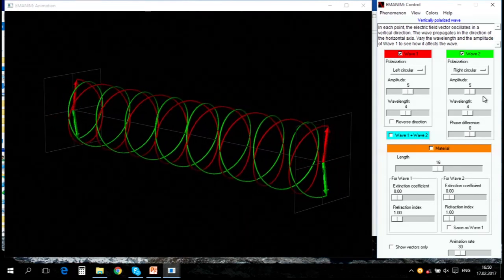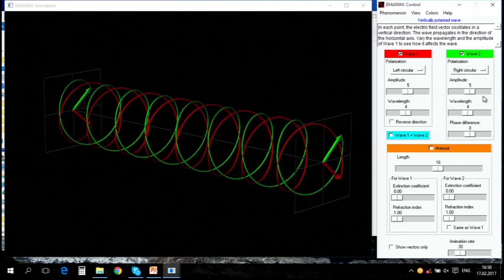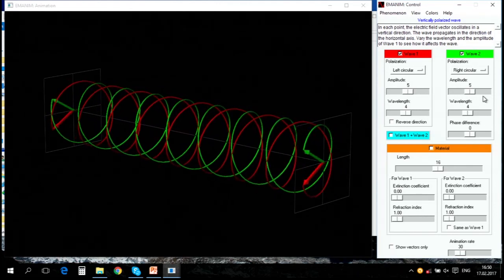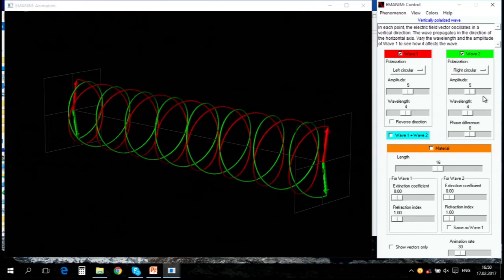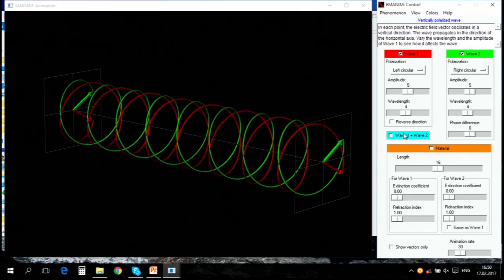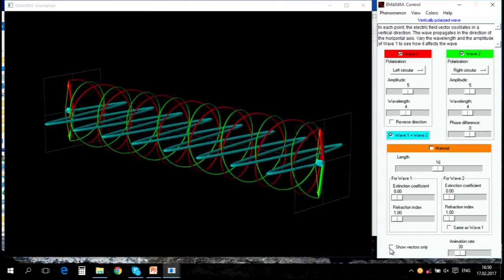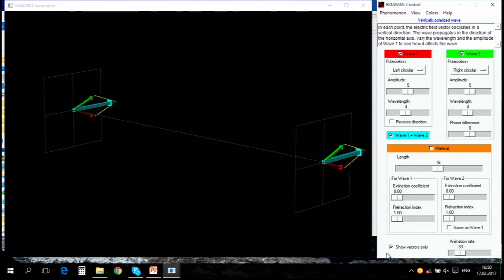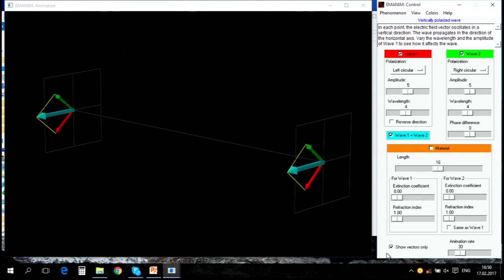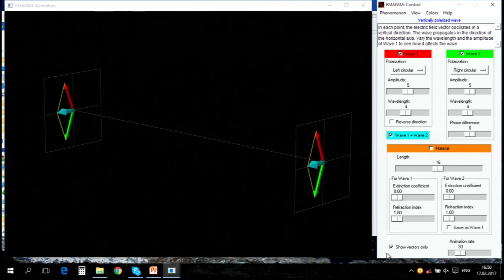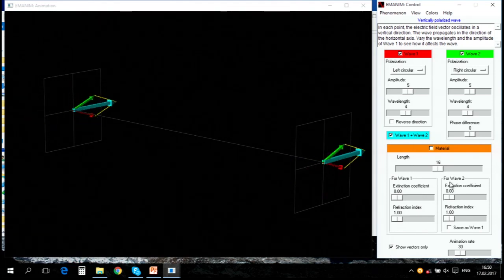We obtain exactly a linear wave, because the amplitudes are equal and the phase difference is 0. So let's show the axis only, this blue one, and these two vectors are rotating.